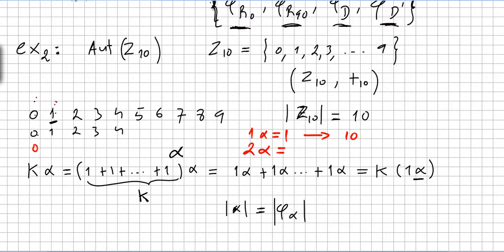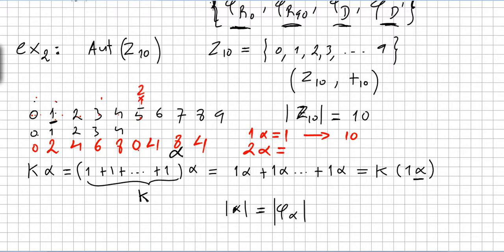If you multiply 2 times 0, you get 0. 2 times 1, you get 2. 2 times 2, you get 4. 2 times 4, 8. 2 times 5, you get 10, which is 0 modulo 10. No, wait a sec. I'm doing something wrong here.